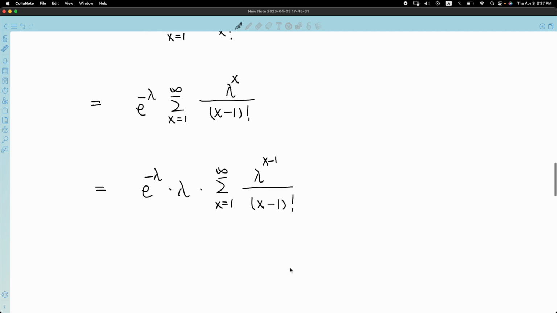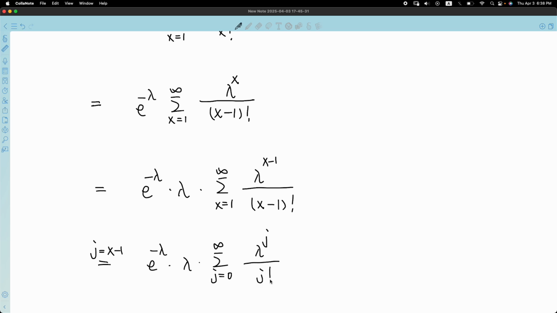Okay. So now I think we are ready to make the substitution. I'm going to call j equal to x minus 1. And then you have the constant e of lambda, 1 lambda here, summation j equal to 0 to infinity, lambda raised to the power of j over j factorial.